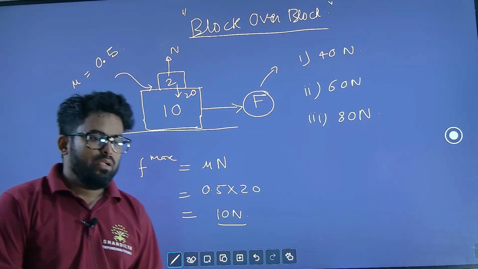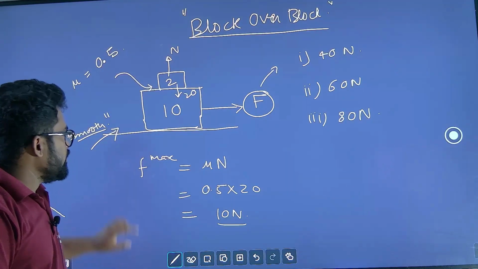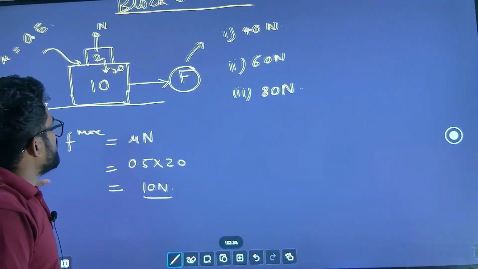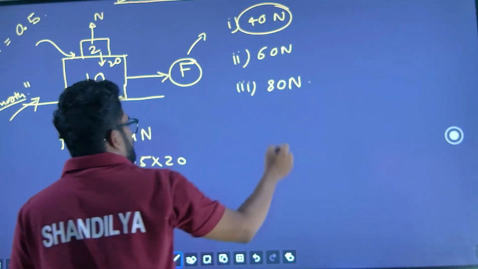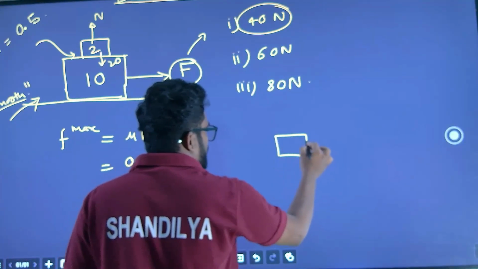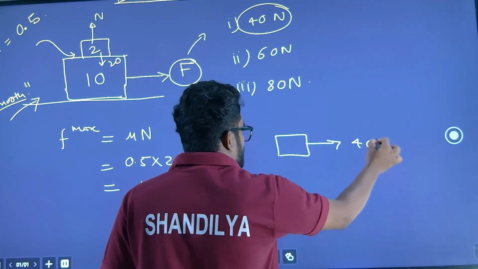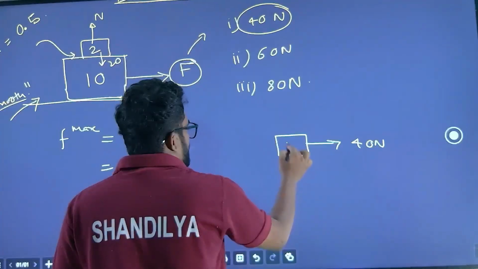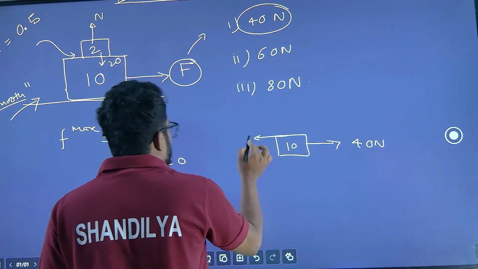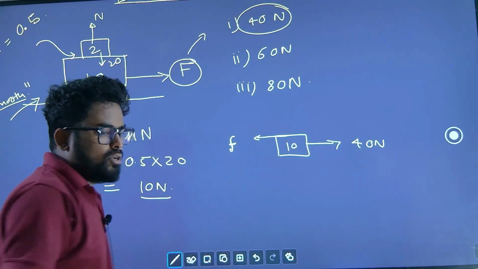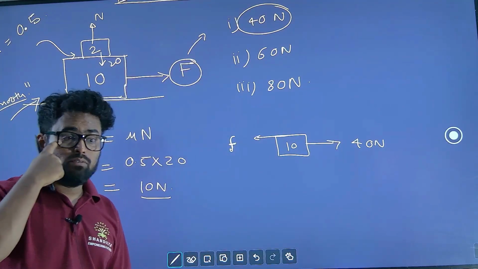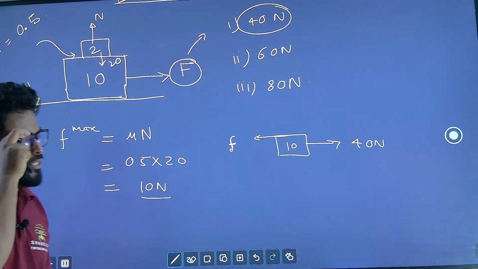Okay. Now we will see if they are moving together. Suppose we are trying to see the 40 Newton case. So for the 40 Newton case, when we apply 40 Newton on this side, the 10 kilogram gets backward friction, let's say F. We don't know whether it is moving together or not, right? So what we can assume is that the friction is first static in nature.